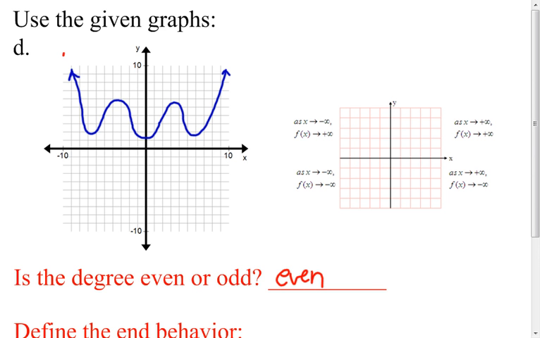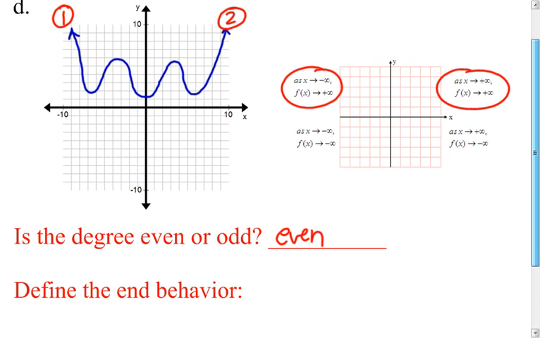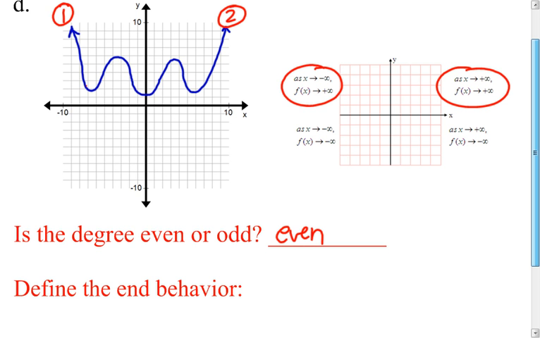Define the end behavior. So here we go. We have 1 and we have 2. Okay? So here's what I'm going to use for 1, and here's what I'm going to use for 2. Again, if you don't understand that notation, if I follow this arrow, I'm moving to the left and I'm moving up. Okay? So if I'm moving to the left, then my x's are getting smaller.